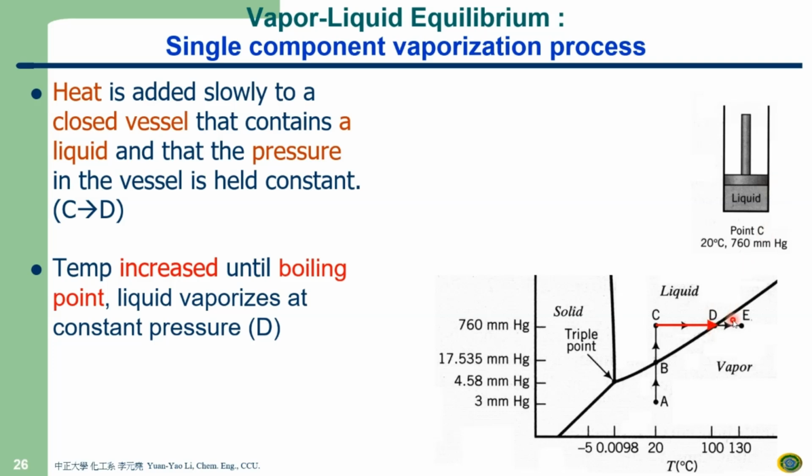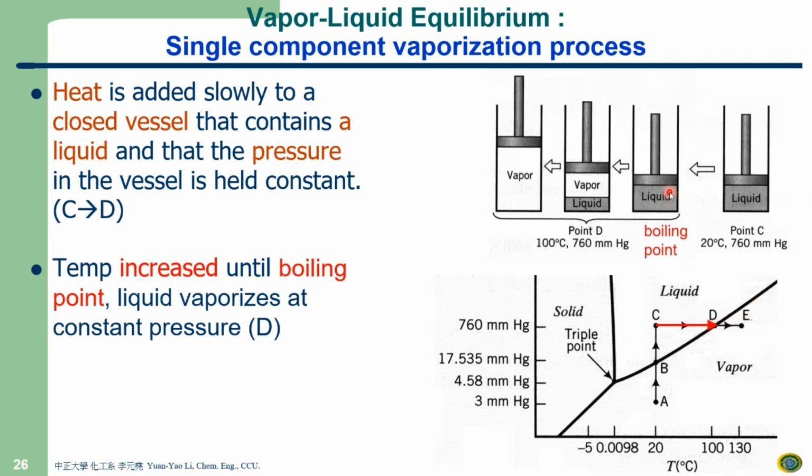So in this case, from the first bubble that appears in the liquid phase until all the liquid disappears, we call this stage point D. The temperature will always be at 100 Celsius, and the pressure will always be at 760 millimeters of mercury at this point.